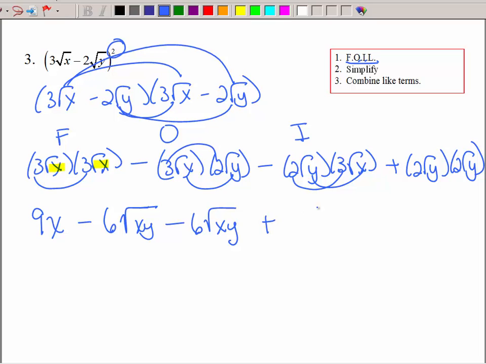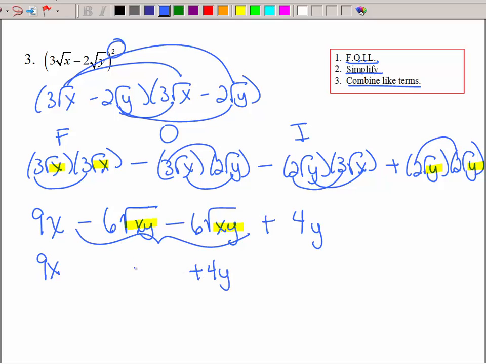Then here we have plus 2 times 2 is 4. And once again, square root of y times the square root of y, that's just y. So I've simplified everything. Do I have any like terms? Yes, I do, because now those radicals are the same. So I'm going to keep 9x. I'm going to keep the plus 4y.